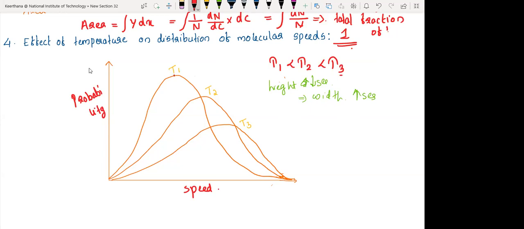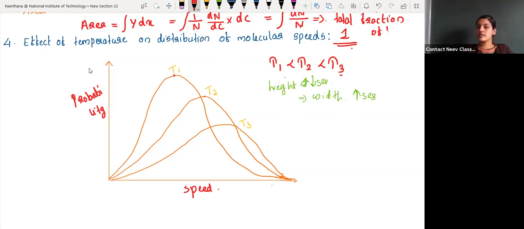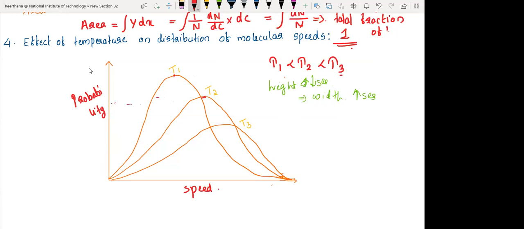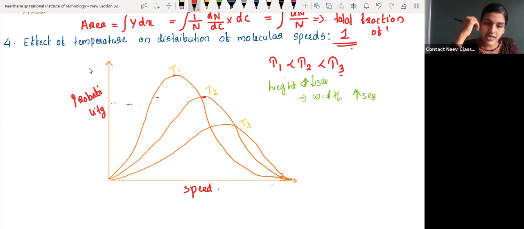The height was here, and then it decreases to this, so what does it mean? The probability for VMP decreases, and not only for VMP. If you are taking any velocity, this probability is decreasing, right?